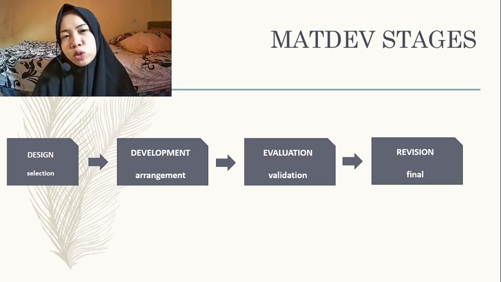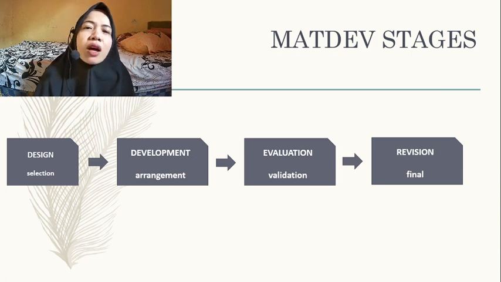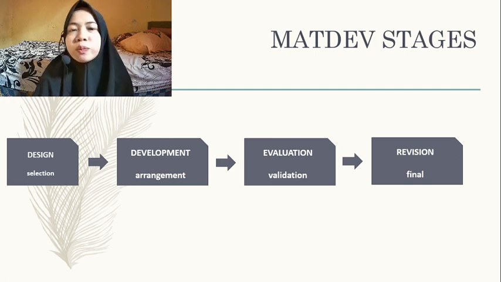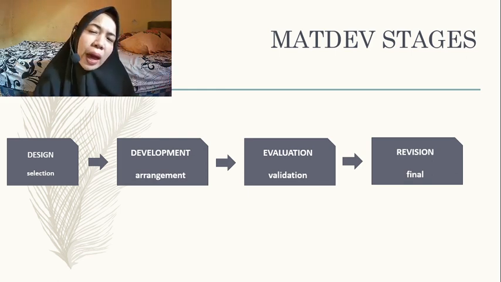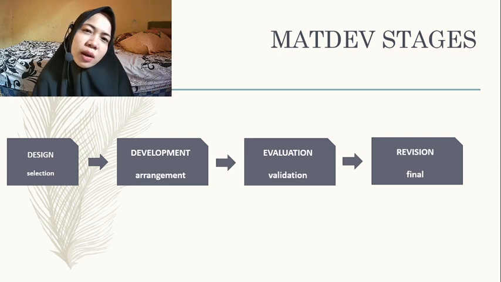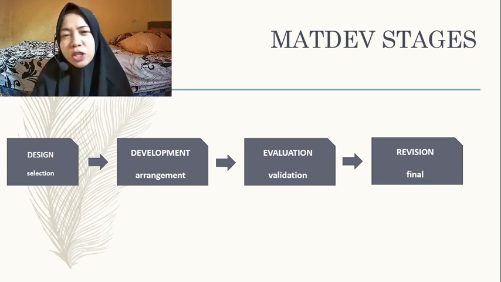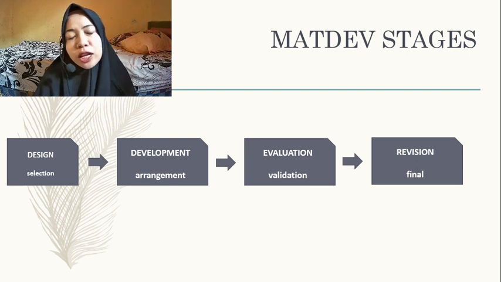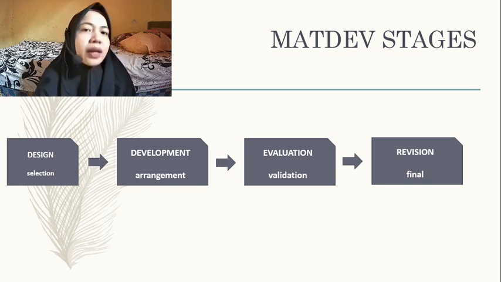So you have to collect all the materials that you think are going to be used for your learning materials later. You can browse from the internet, and also search from any books, or use authentic materials, for example newspapers, magazines, or pictures, or others that you are going to use and compile to be a developed learning material.